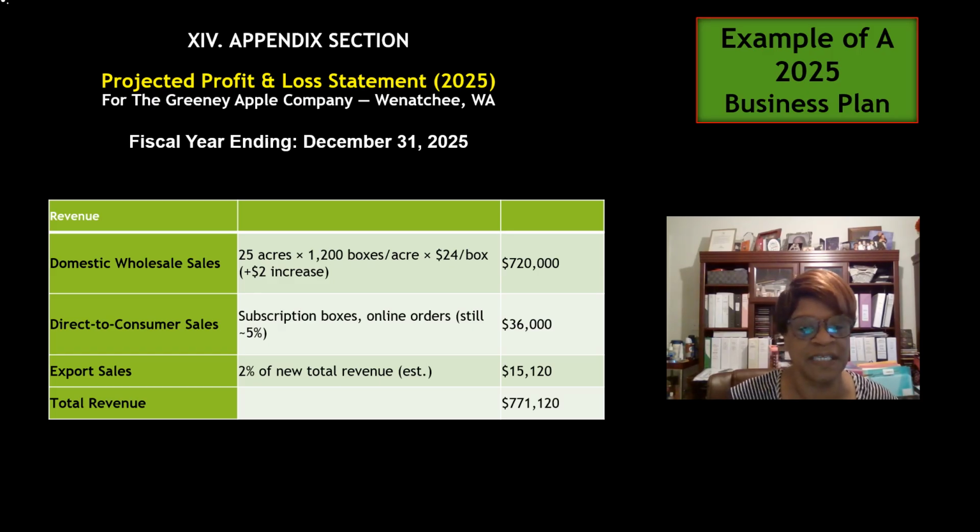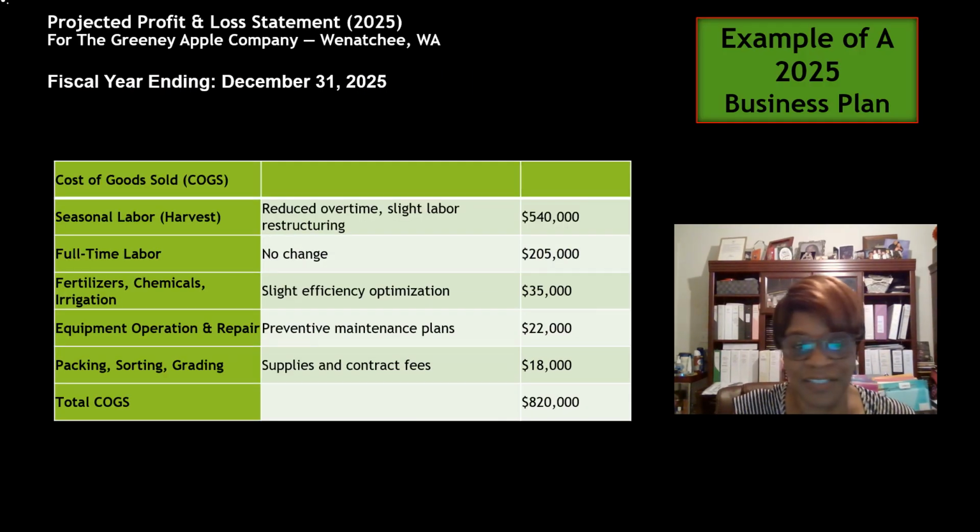And as you can see, you show how you plan on reaching your projected $770 in total revenue. Here we show where it'll go over a little bit between your domestic wholesales, your direct-to-consumer sales, and your export sales, and that's okay.